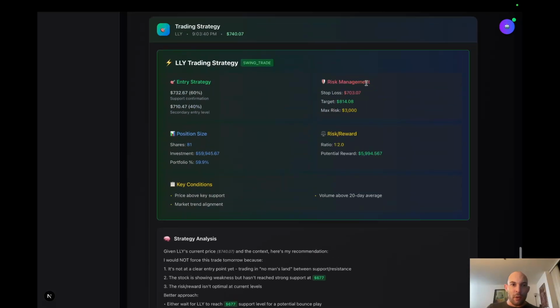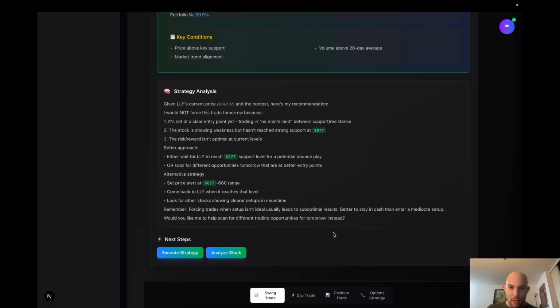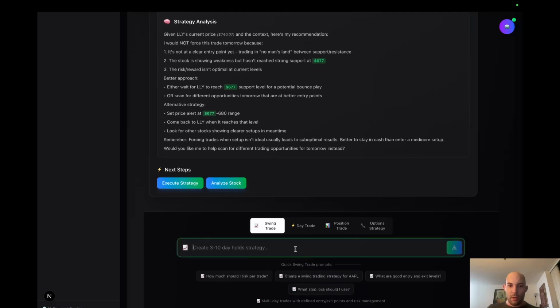This is awesome. Okay, 732. I would not force this trade tomorrow. Alternative, set a price alert. Look for other stocks showing clearer setups in the meantime. Yes, scan for other opportunities tomorrow instead.